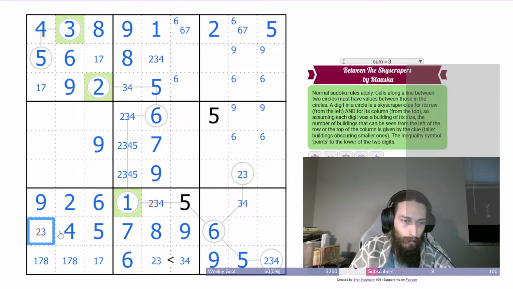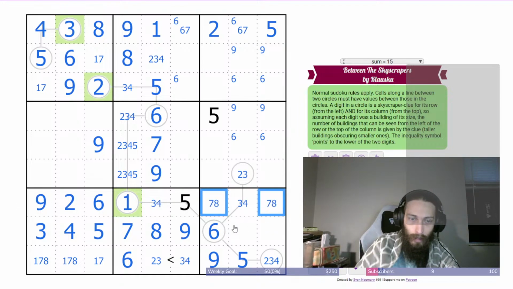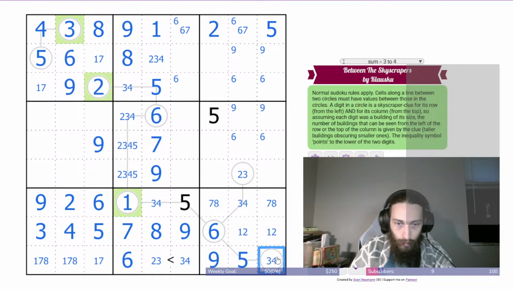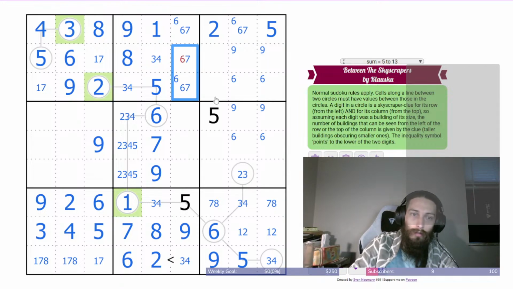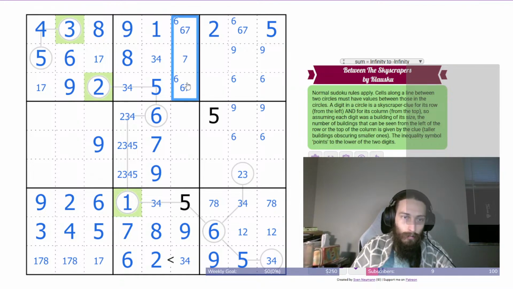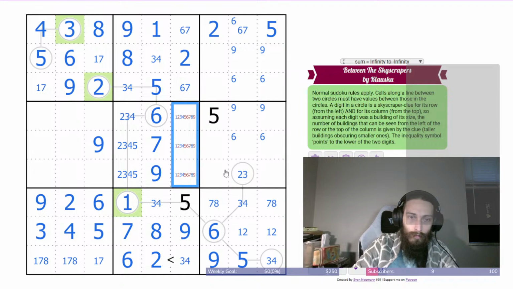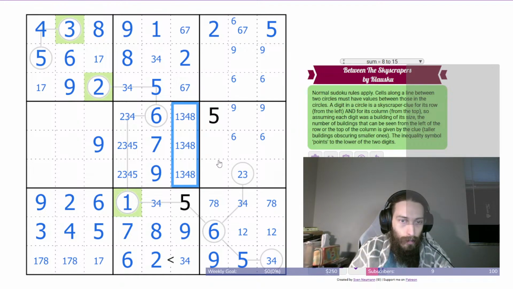This is 2 or 3. It's not a 2. 3, 4 pair means 7, 8. And 1, 2. That takes 2 out of this. 3, 4 pair means that's a 2. That's not. 3, 4 pair. 6, 7, and 2? 2, 6, 7, 5, 9. 1, 3, 4, and 8.